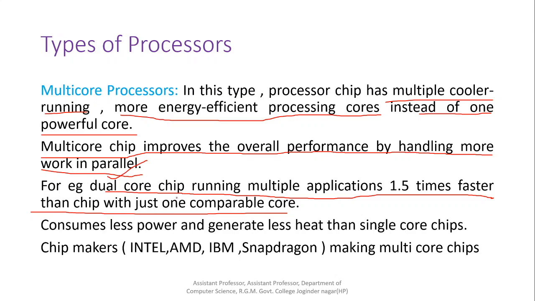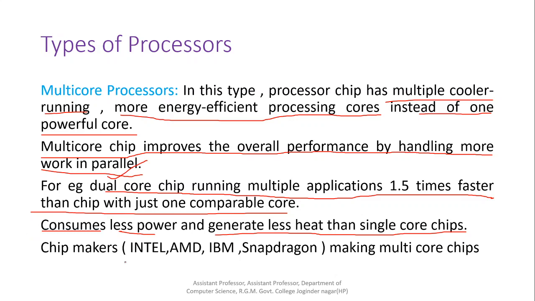If we want to run 8 applications, then a dual core will perform less fast as compared to octa core. Also, multi-core processors consume less power and generate less heat than single core processors.